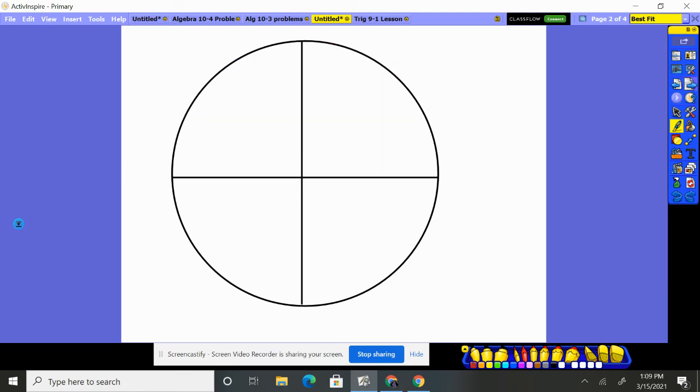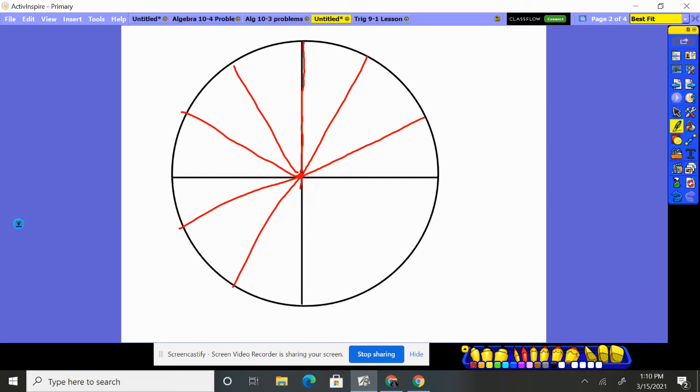So if we come in here again, and we break it into 6, which is what we're doing, and we go straight up, and there, and there. But remember, these lines come through here also. So this would be 1/6 pi, 2/6, which again, we don't say that, we say pi over 3. 3/6, which is pi over 2, half a pi, because remember right here is a full pi opening.